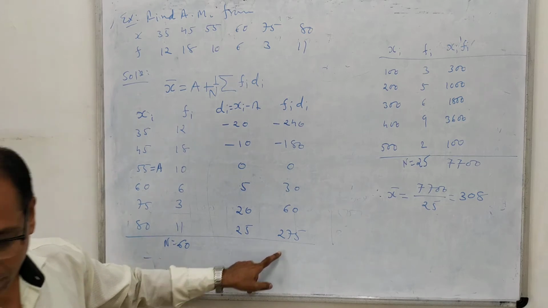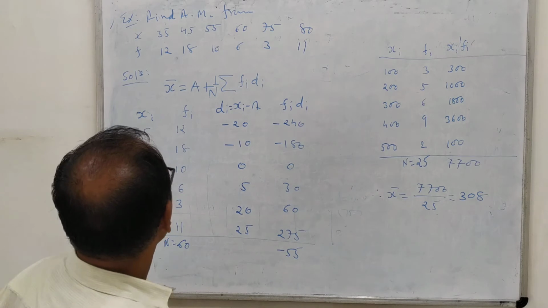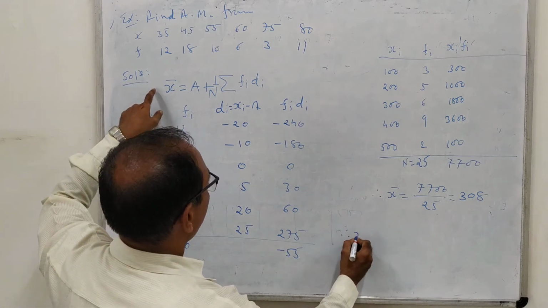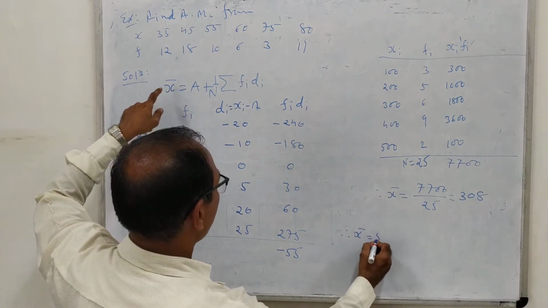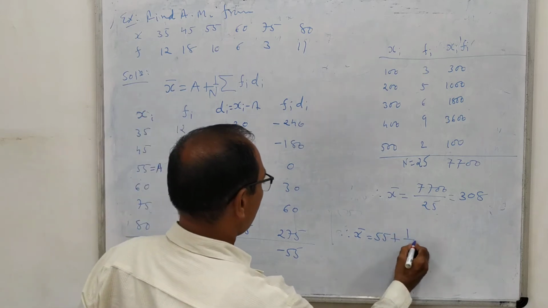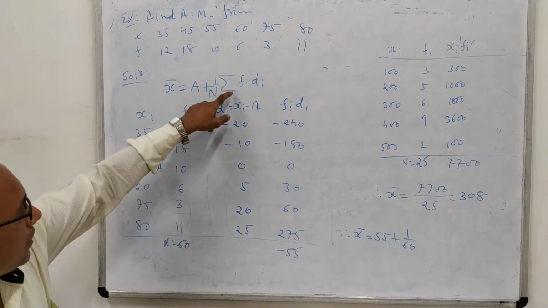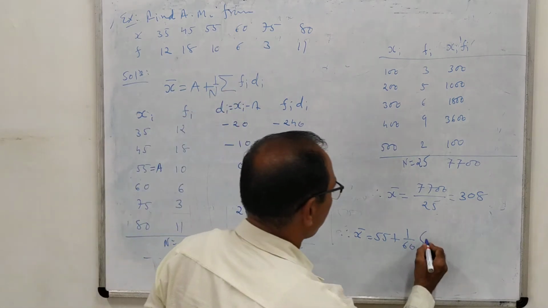And after finding the total of this one, you will obtain minus 55, and therefore x bar equal to A plus, A means 55, plus 1 by 60, 1 upon capital N, that means 1 by 60, and sigma Fi di means minus 55.